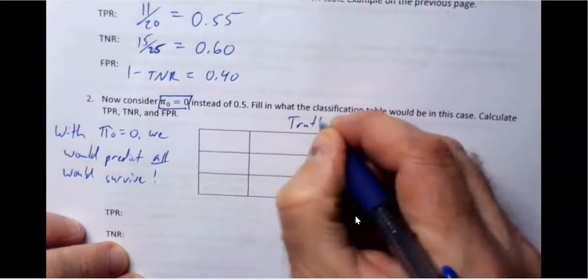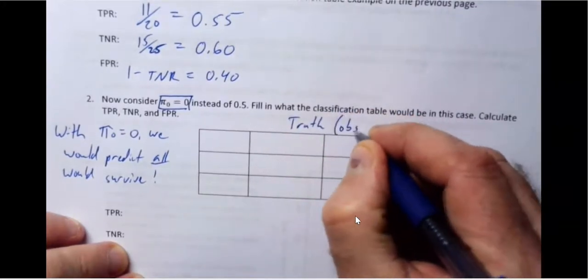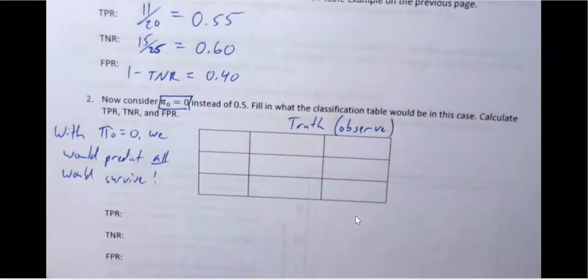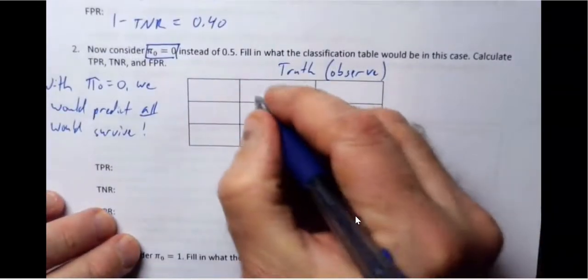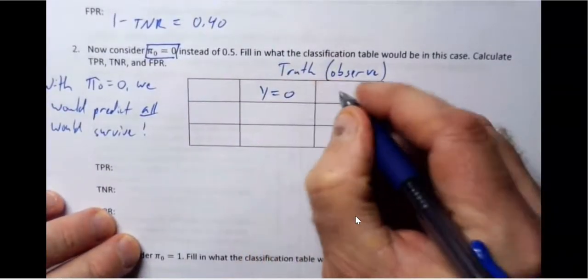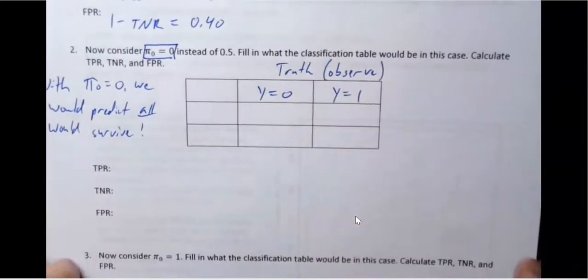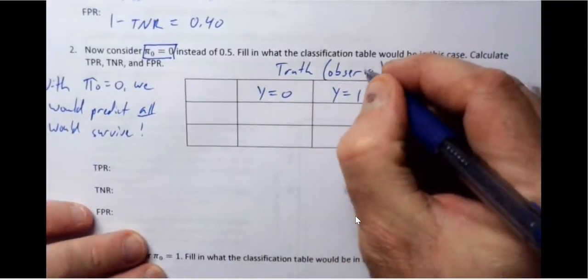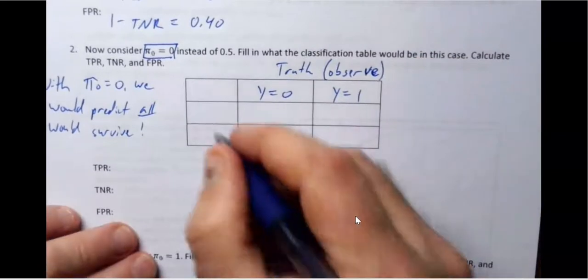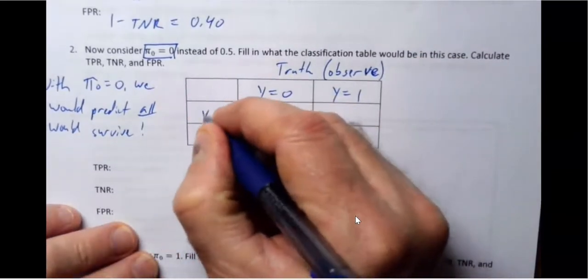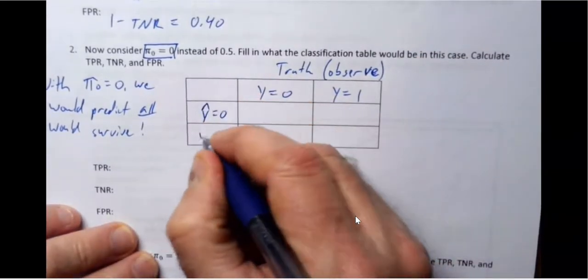But if we use this to classify our Donner Party, I'm going to put the truth in the columns again. And the truth again are the observed values: did they really die or did they really survive? And the predicteds, I'm going to put again in the rows.